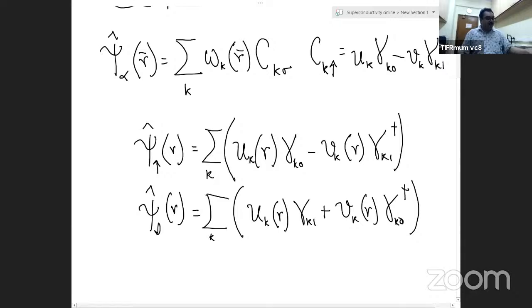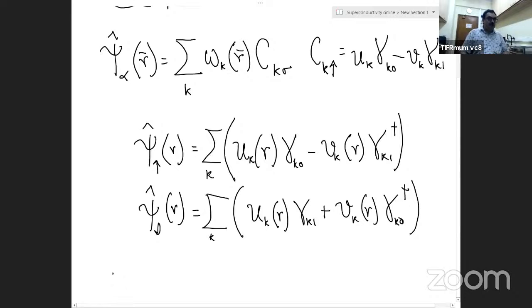Now with this, first the hard work. Let me create the second quantized Hamiltonian now in terms of the unperturbed part and the potential.